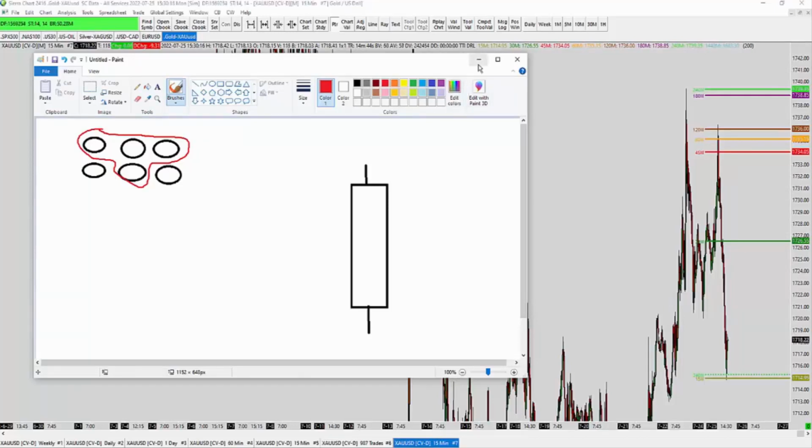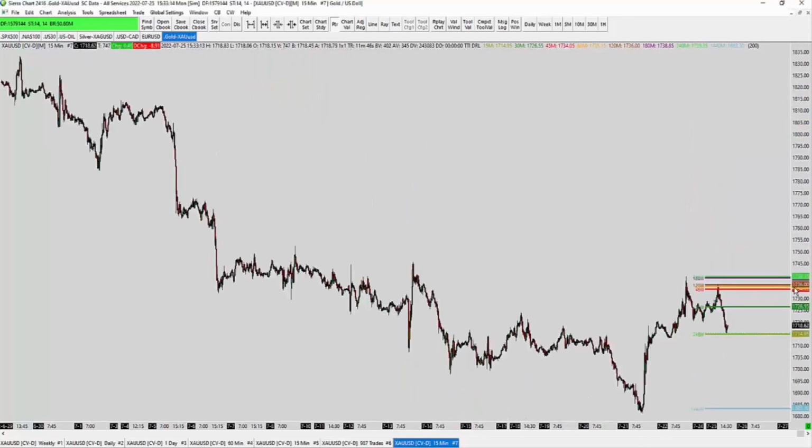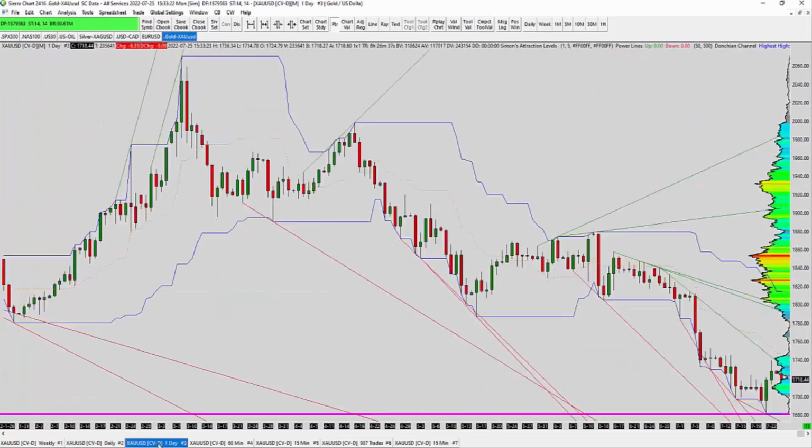Okay? And how I trade them is as follows. This is the gold spot, or CFD, as you see, XAU USD. And let's look at the gold daily, or gold 1-day profile.